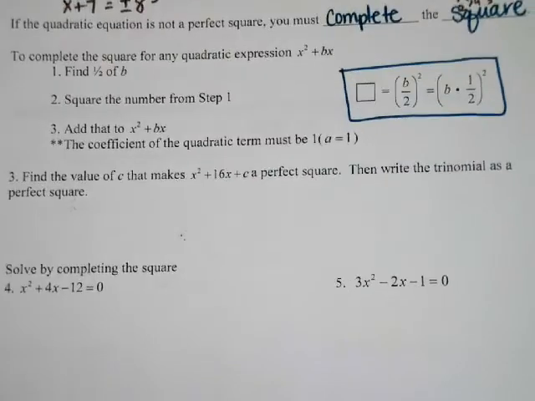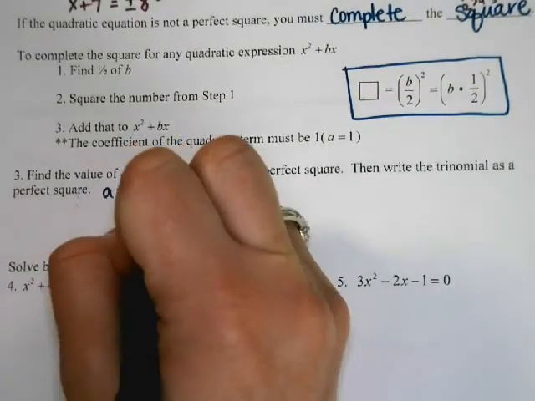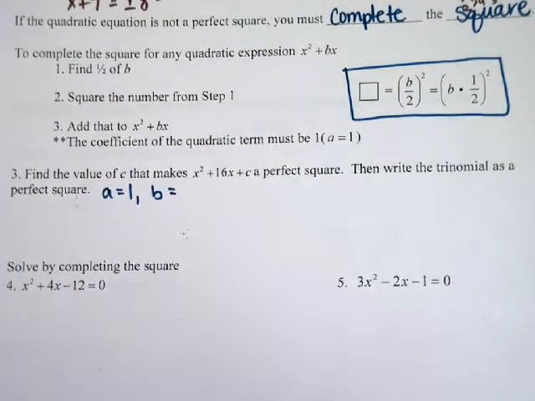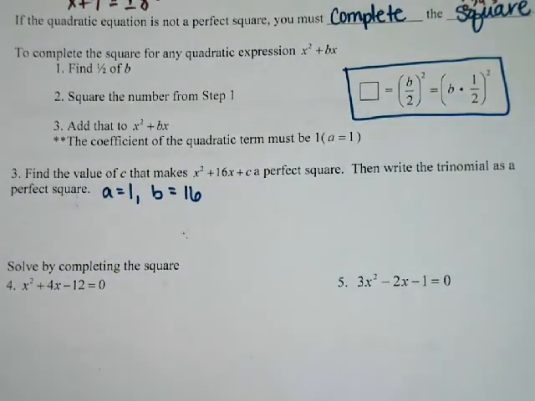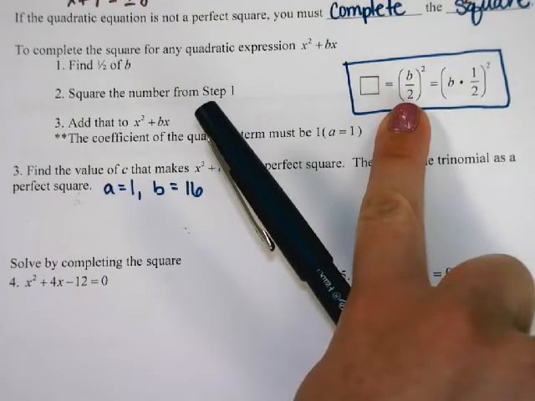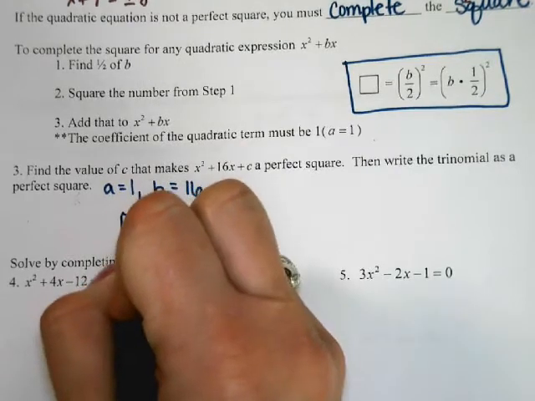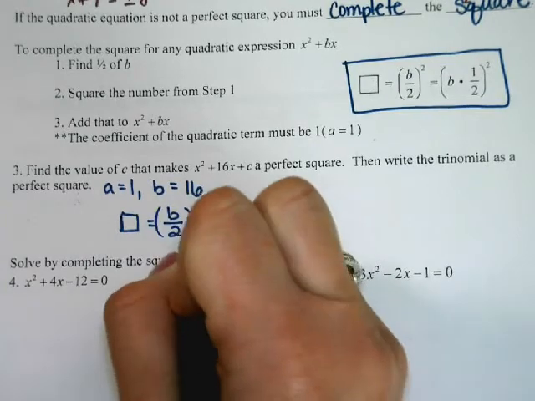Alright, so let's figure out what a, b, and c are. What's a? What's the coefficient of x squared? 1, right? What's b? 16, perfect. And c is what we're looking for. So, my box here says, take my b value, divide it by 2, and then square it.